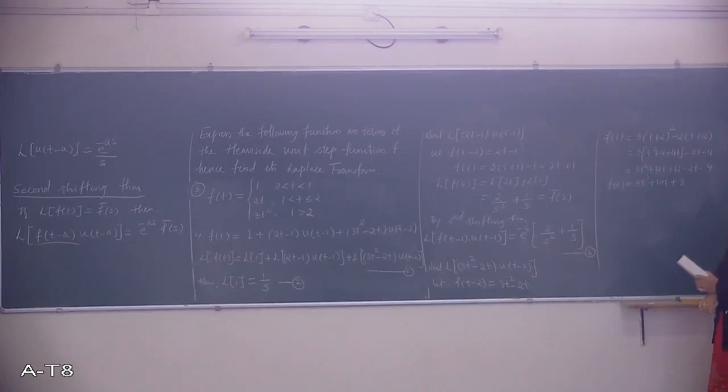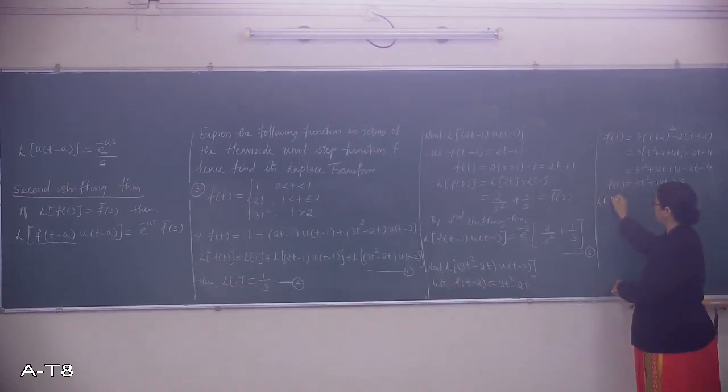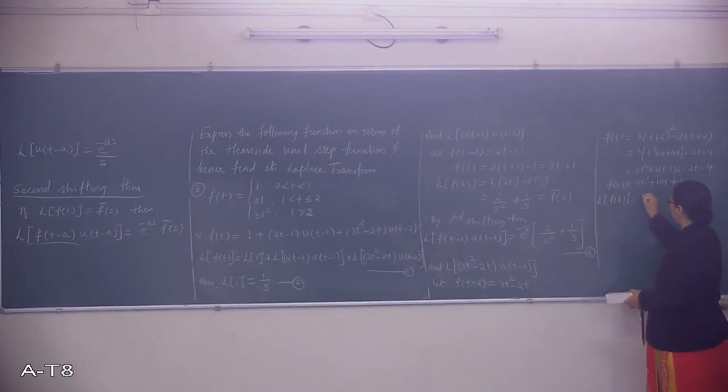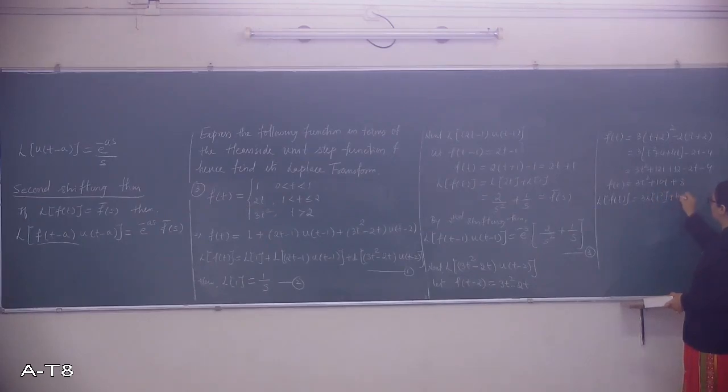Now to convert this in terms of s, we need to take the Laplace transform. So the Laplace transform of f of t is, by the linearity property, 3 into the Laplace transform of t square plus 10 into the Laplace transform of t plus the Laplace transform of constant 8.